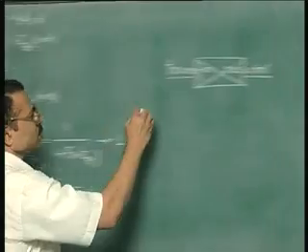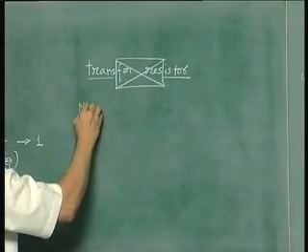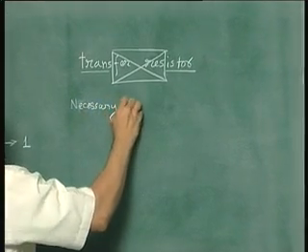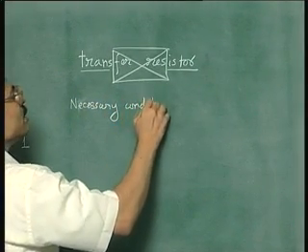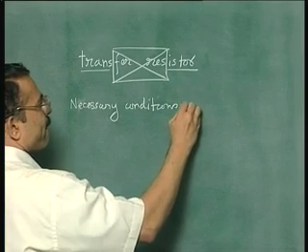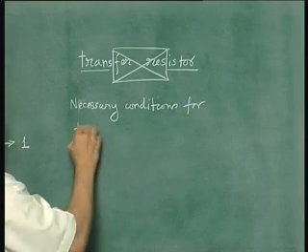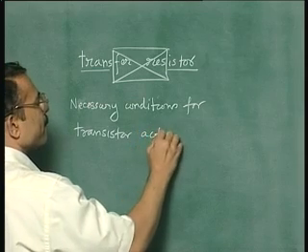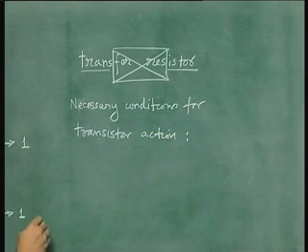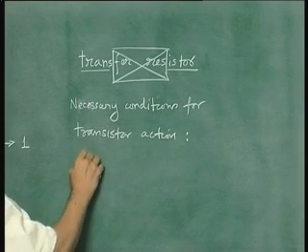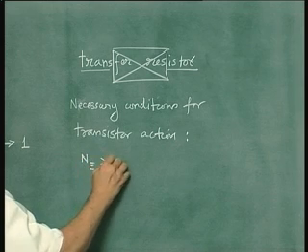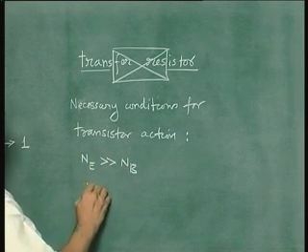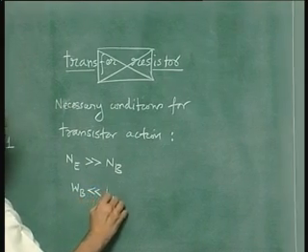So necessary conditions for transistor action are NE much greater than NB and WB much less than LB.